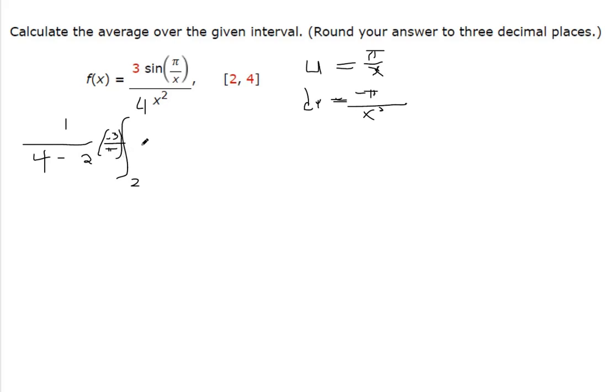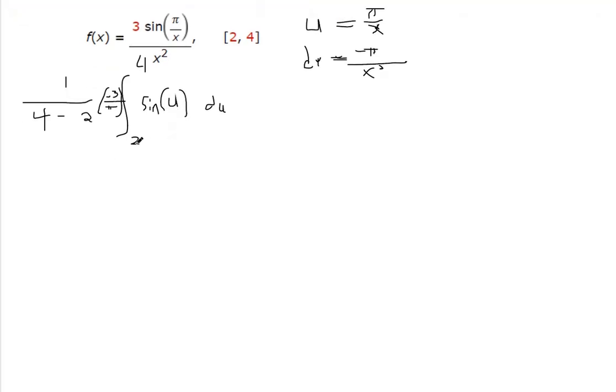And so we have du, because when you factor out something over pi, that lets you put a pi in here, right? Pi times something over pi would cancel out. So we have that negative pi, and we have x squared. So we've got du, and then this is going to be sine of u. Now the integral is much easier.